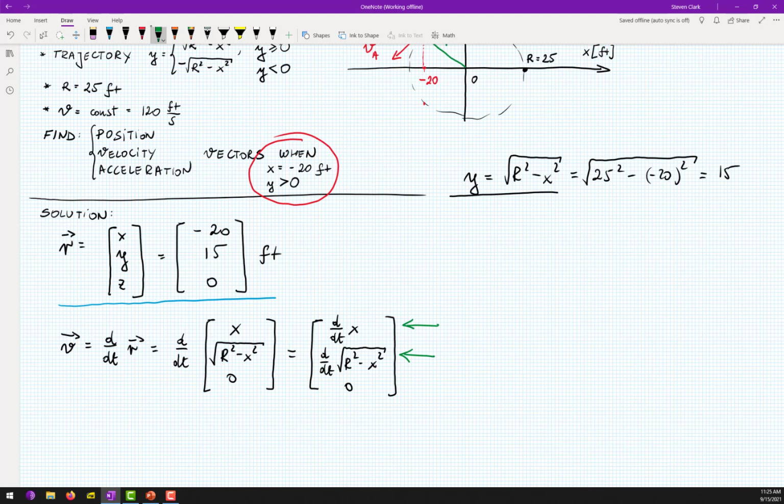Let's start with the first one. Can anybody help me? Can anybody tell me what this is? dx dt. dx over dt. Anybody?